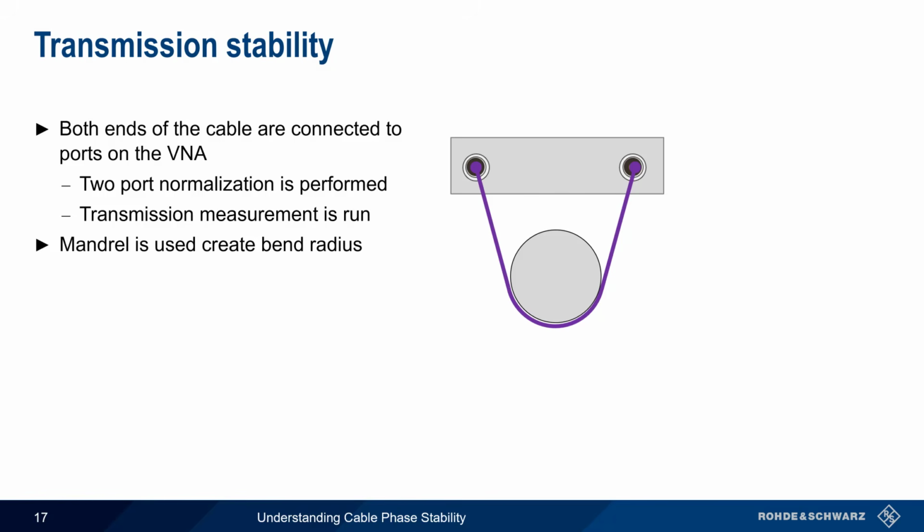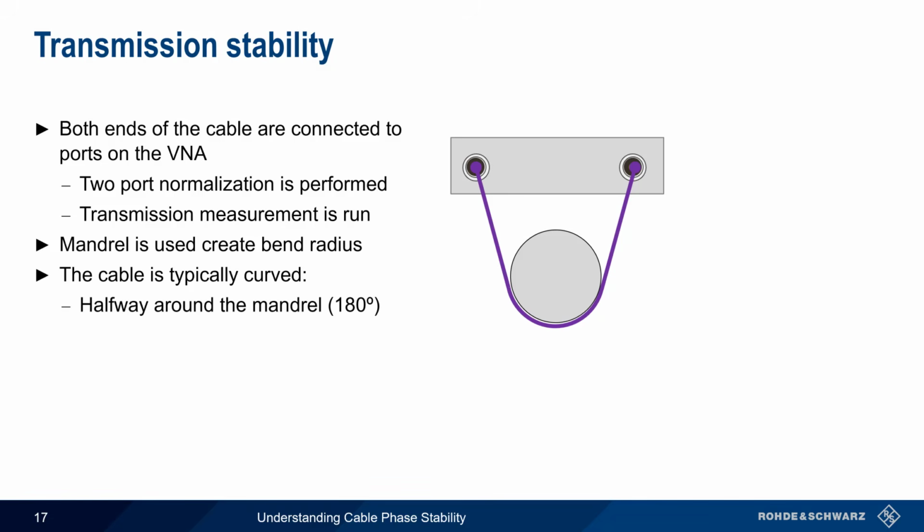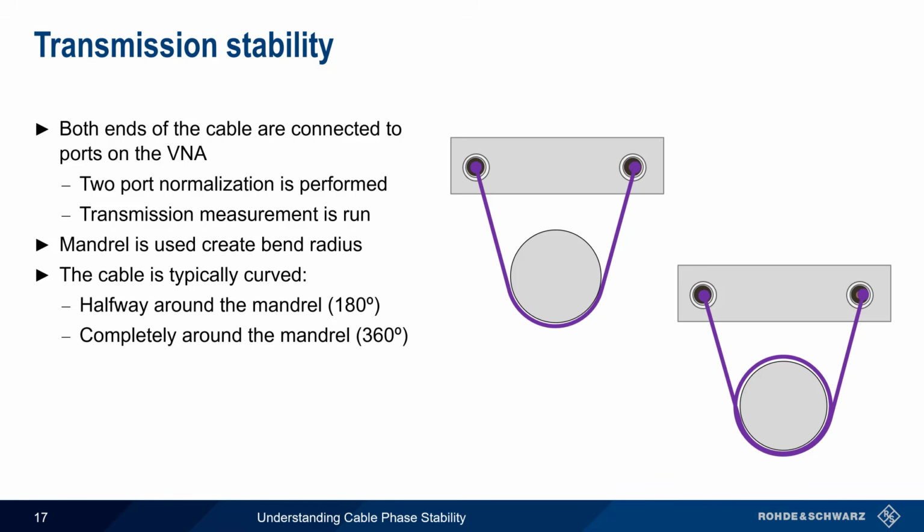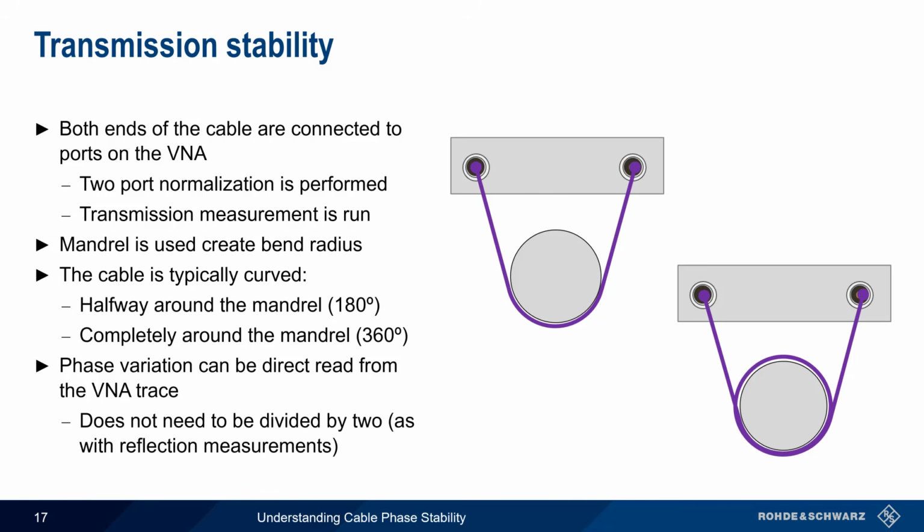In transmission stability measurements, the cable is typically curved either halfway around the mandrel, as shown here, or completely around the mandrel one time before being connected back to the VNA. The phase variation resulting from this flexion can be read directly from the VNA trace. There is no need to divide the result by 2, as we did when making reflection measurements.